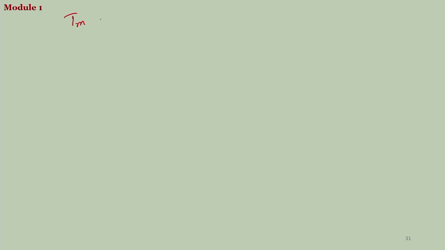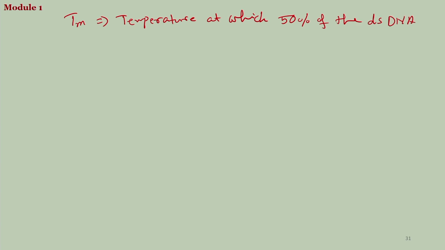So if I define Tm, Tm is the temperature at which 50% of the double stranded DNA, DS means double stranded DNA, will be denatured.